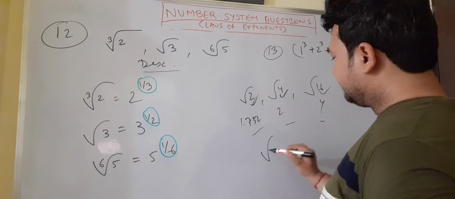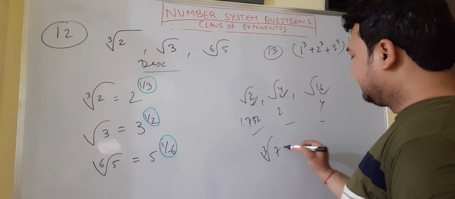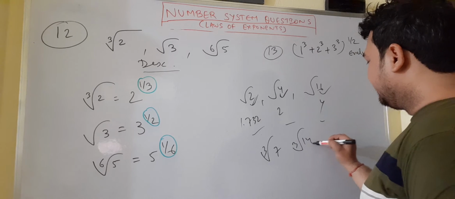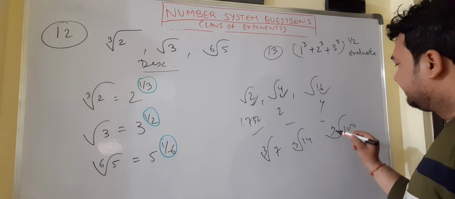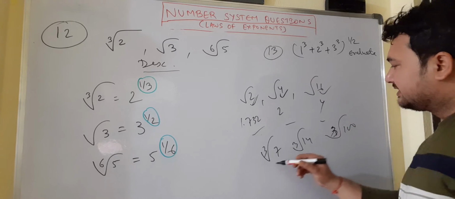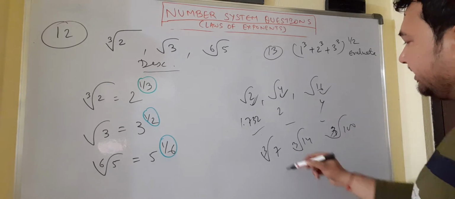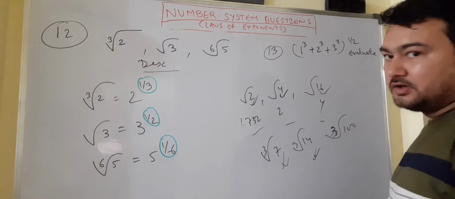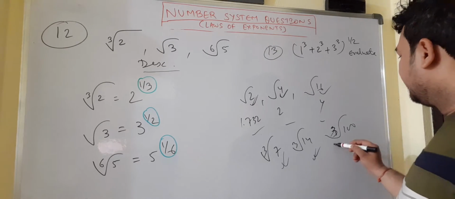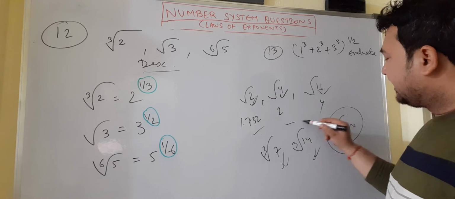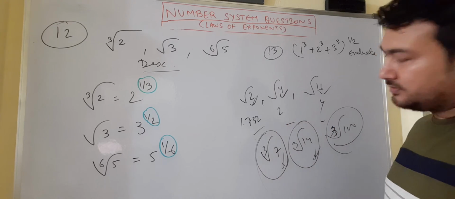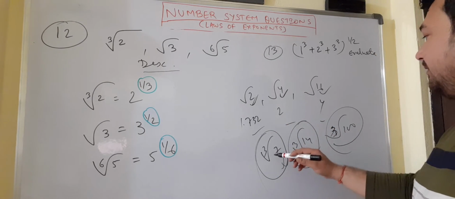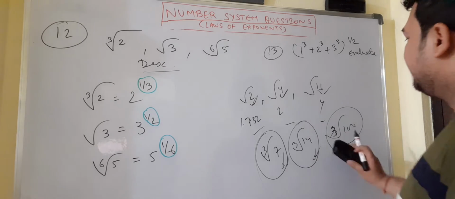So if I say cube root of 7, cube root of 14 and cube root of 100, which one is greater? Since the root is the same, if the number is higher, the value will be higher. So cube root of 100 will be larger than cube root of 14, and this will be larger than cube root of 7.